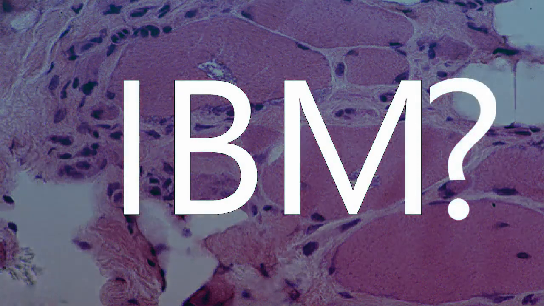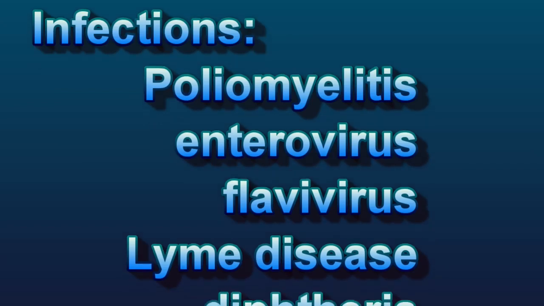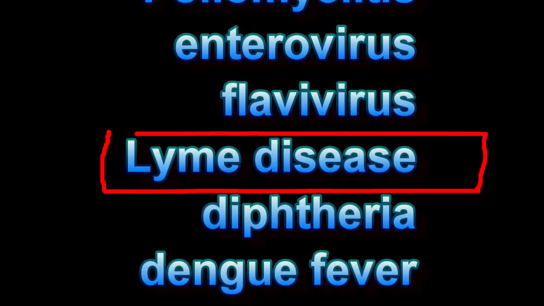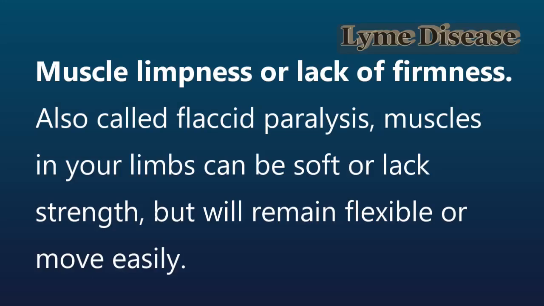Let's grab one of the quadriparesis causes off the list previously shown. For example, if we look at some symptoms of somebody who has experienced Lyme's disease, a layperson might mistake it for IBM because some of the IBM characteristics may be similar. Muscle limpness or lack of firmness, also called flaccid paralysis. Muscles in your limbs can be soft or lack strength, but will remain flexible or move easily.